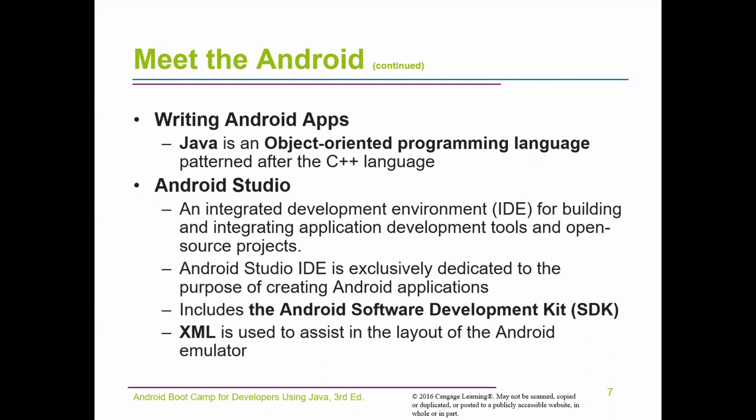And speaking of those IDE, as I mentioned here in the slide, the integrated development environment, we could also dedicate those processes in creating Android applications. So it includes the SDK, or the Android Software Development Kit, that actually packs a package to associate with different creators. So if you're going to install an IDE, it will also give you the software development kit environment.